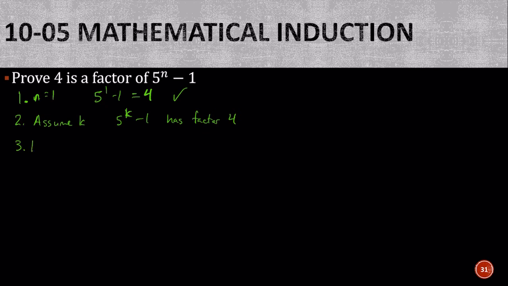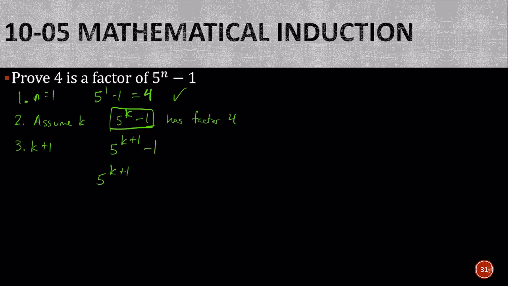And then step 3, we do the k plus 1 thing. So we'll have 5 to the k plus 1 minus 1. Well, we're going to add nothing but change the way it looks. What we're going to do is we really want this to show up.